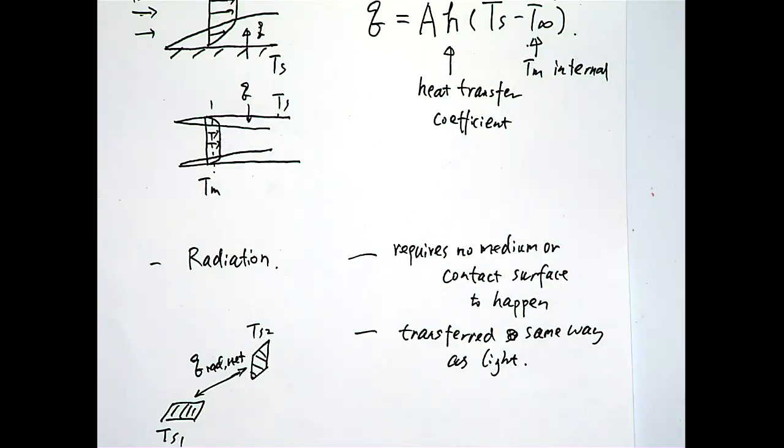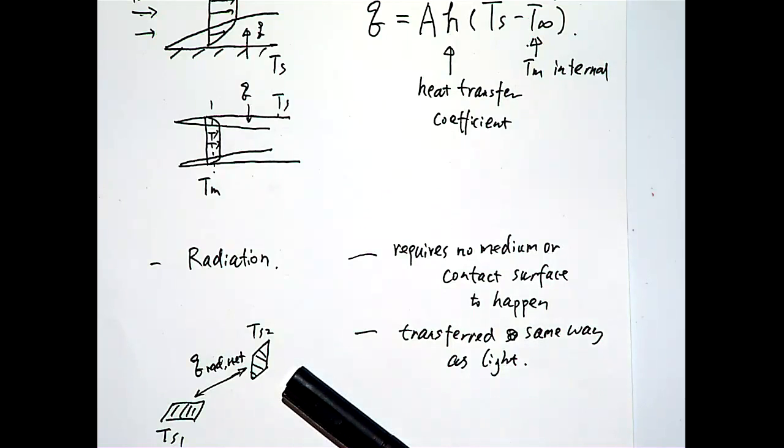I'm not talking about space outside the Earth, I'm just talking about surfaces that can be located in different spatial positions. How the two surfaces see each other determines how much heat can be transferred by radiation.